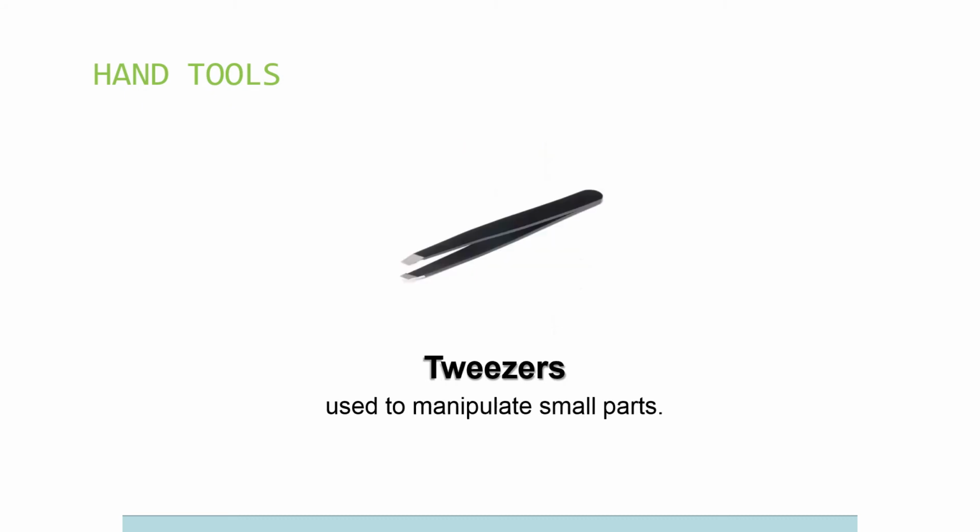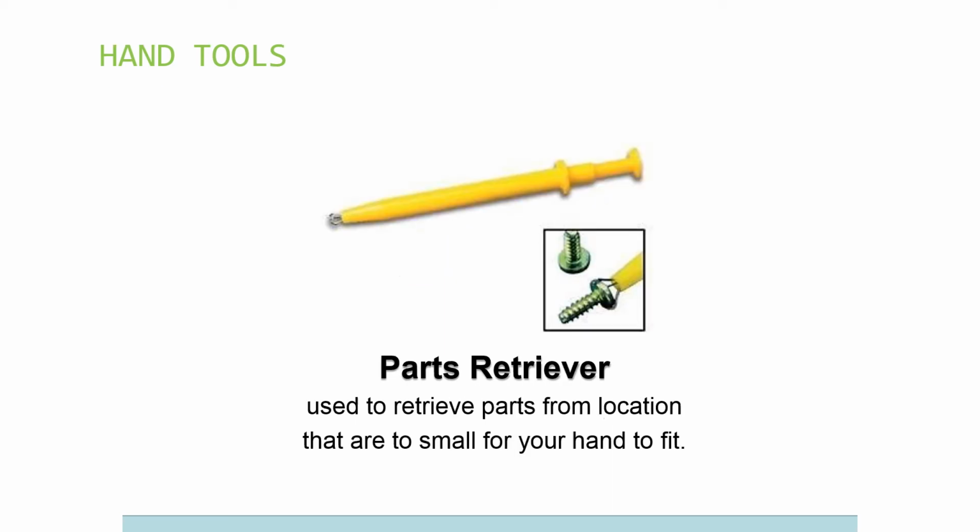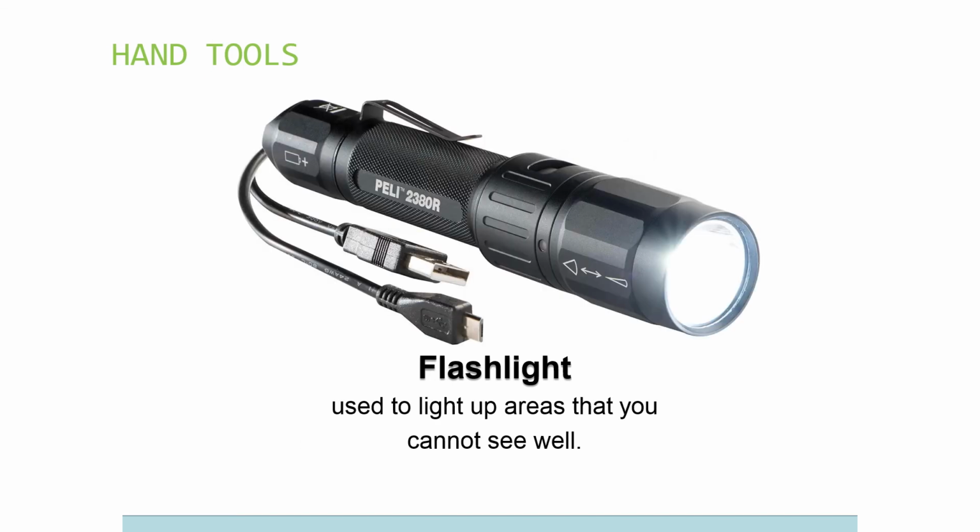Tweezers, used to manipulate small parts. Parts retriever, used to retrieve parts from locations that are too small for your hand to fit. Flashlight, used to light up areas that you cannot see well.